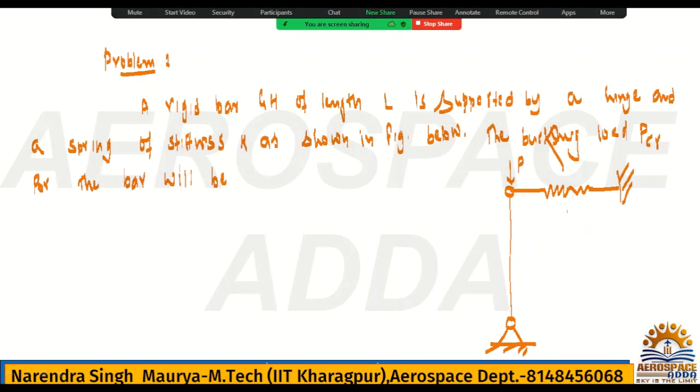The stiffness they have given for K for this. The diagram is also given in the question. Yes, it will be given to you. And this length is nothing but, this is the column.